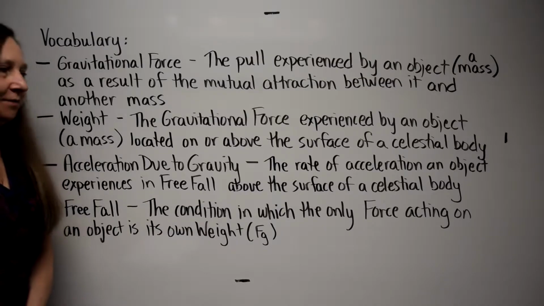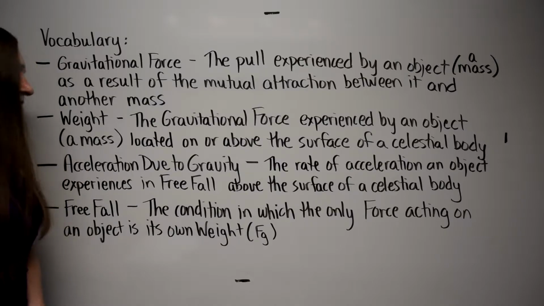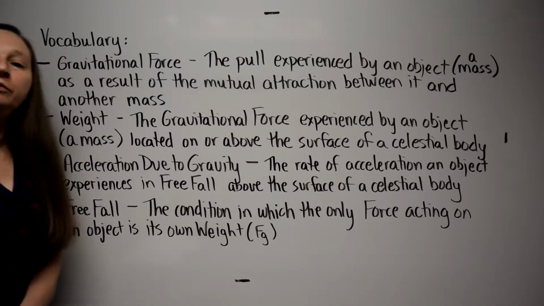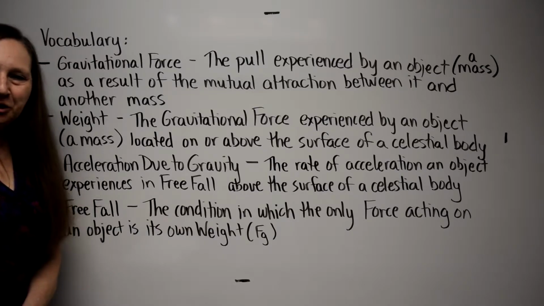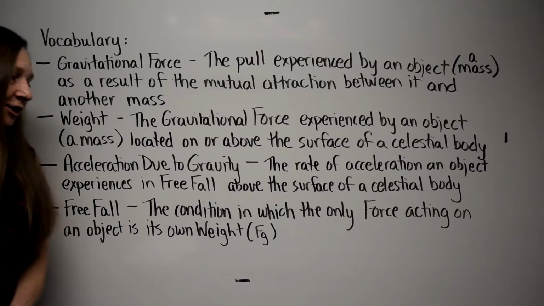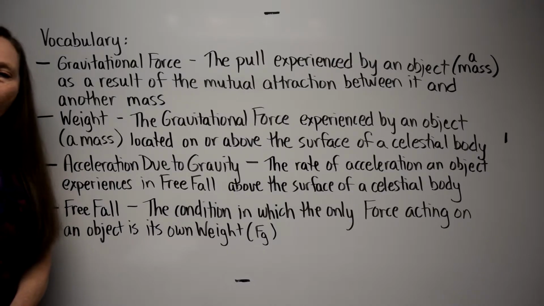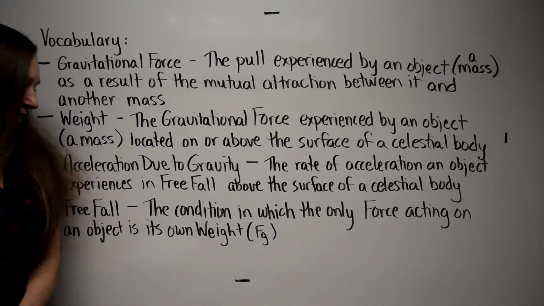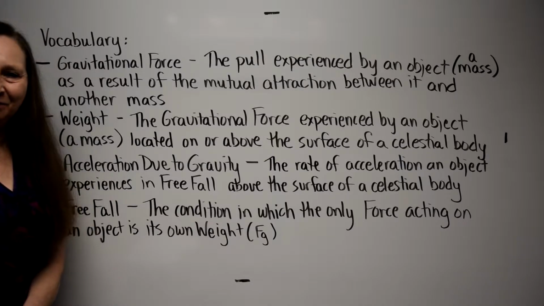Acceleration due to gravity is the rate of acceleration that an object experiences in free fall above the surface of a celestial body. And free fall is the condition in which the only force acting on an object is its own weight, symbolized Fg.